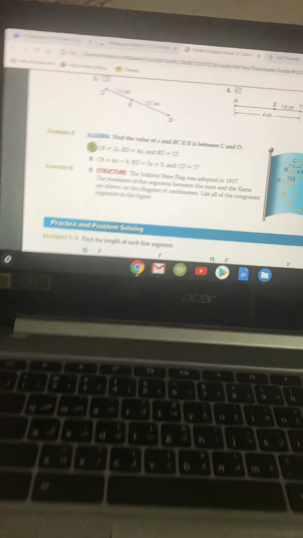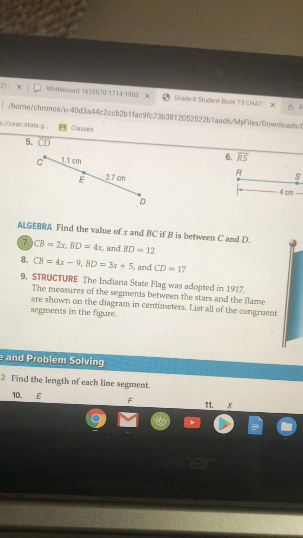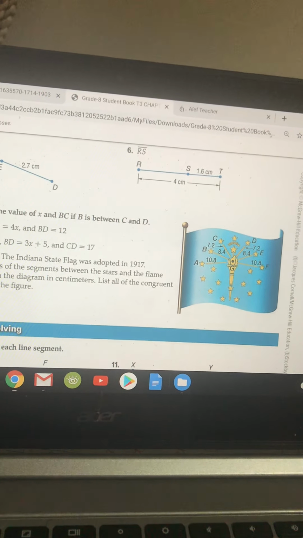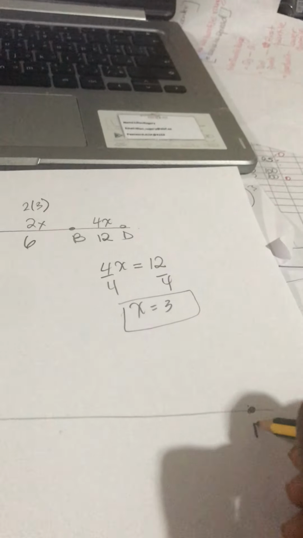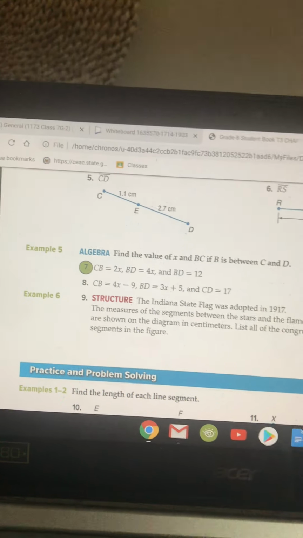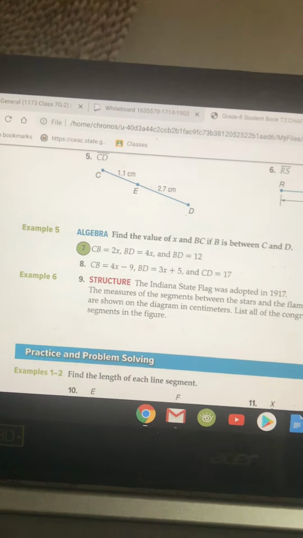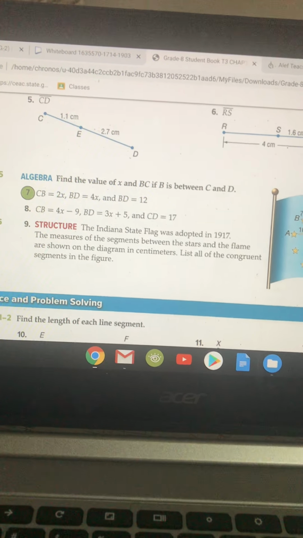Let's do example question 8. CB is 4x minus 9. So I do again a line. I have C, and I have D, and I have B. Then what did I say? CB is 4x minus 9. And BD is 3x plus 5.